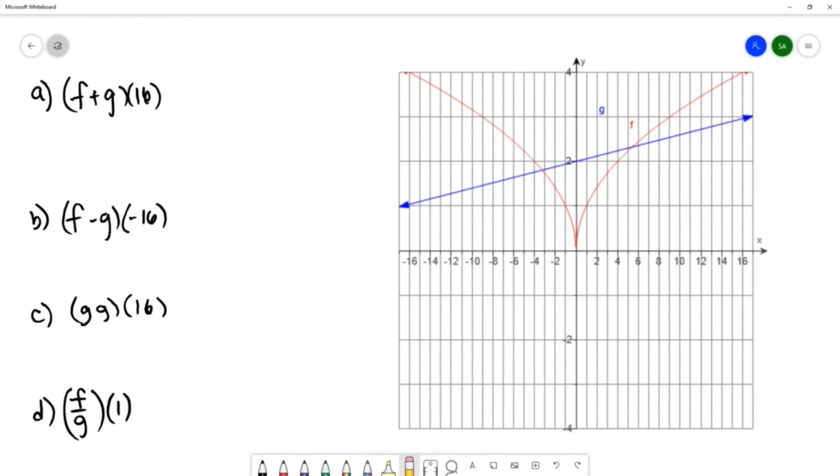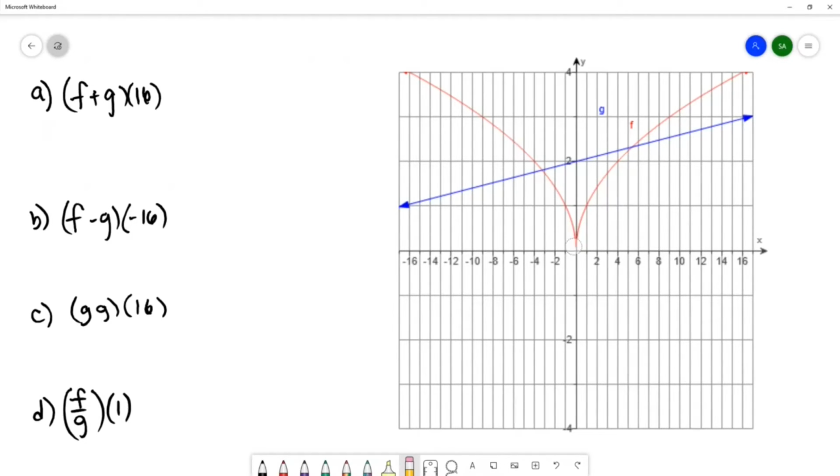On this example, we've been given a picture of two graphs. We have the graph of f written in red here. This is a very interesting graph. It has a feature you may not have seen before. This is called a cusp. It's where it kind of comes to a point and curves out.